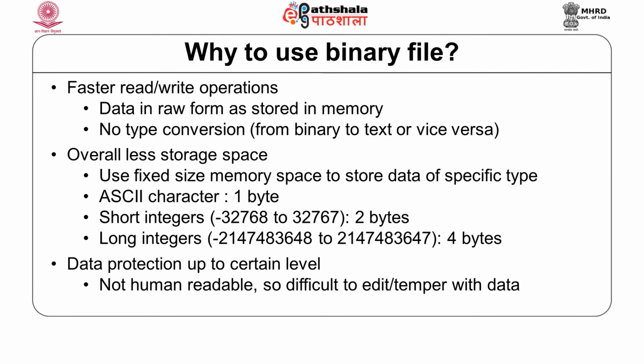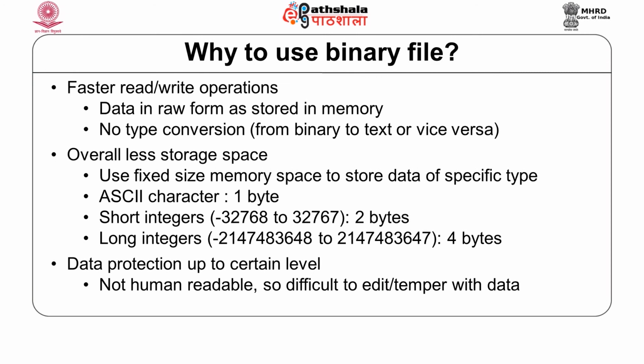Binary files provide faster read write operations because no conversion takes place. Another advantage is that they use less storage space. For example, if it is an ASCII character, it will always store 1 byte, but if it is a short integer, it will use 2 bytes in the memory, and the range of the integer is from -32768 to 32767.